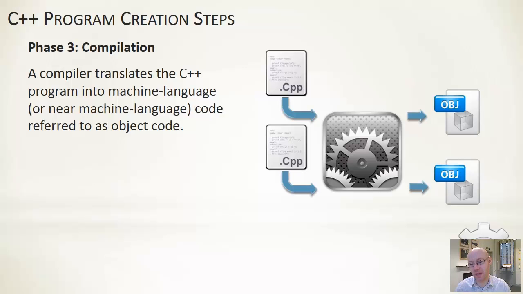You're down at either machine code, which could be for a virtual machine or a real machine, or object code, but something very low level and very close to being executable. For C++, each of our CPP files gets compiled, and for every CPP file a corresponding object file, an OBJ file, is created. That's the output of the compilation.